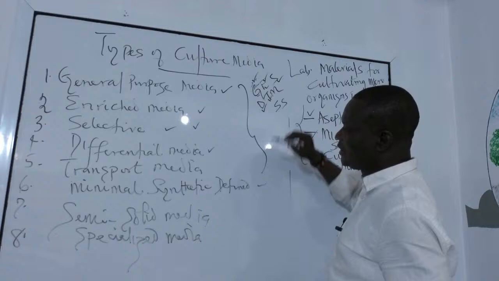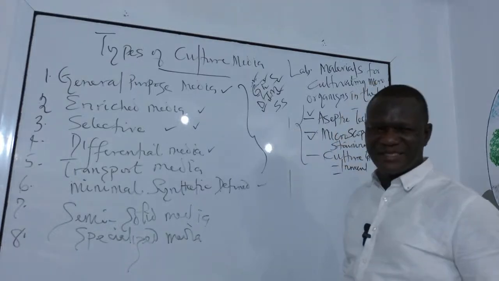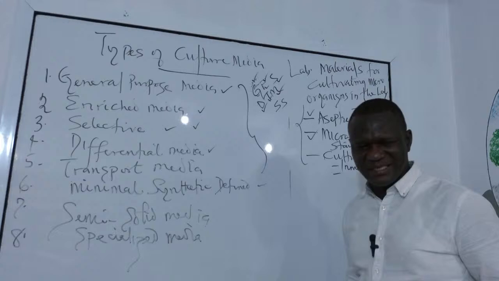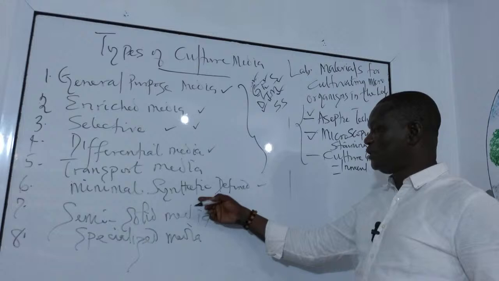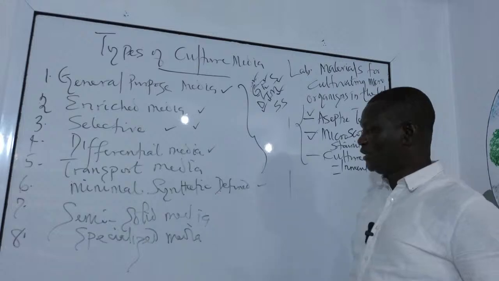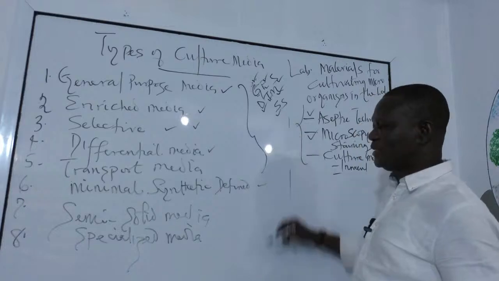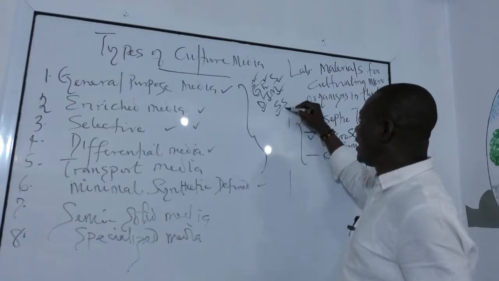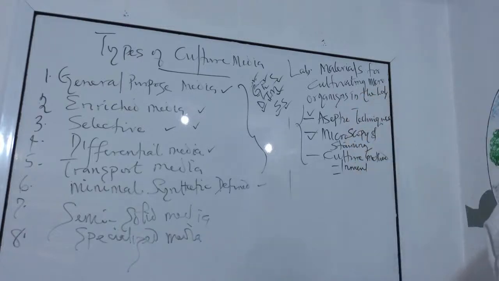T is standing for transport. M is standing for minimal synthetic defined. I will tell you the reason why the name of this is very long. The second to the last is semi-solid media, and the last one is called the specialized media. So we are going to see all this as we go on.